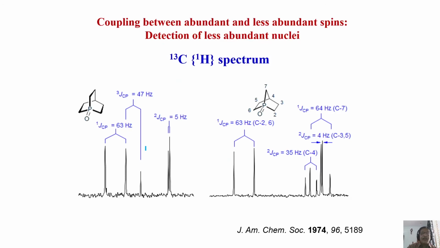Of course, we can see coupling between phosphorus and carbon in this simple molecule. Phosphorus can have 1 bond coupling to this, 2 bond coupling to this, 3 bond coupling to this, all those things we can see very clearly. You can see that 1 bond carbon phosphorus coupling is seen. Of course, protons are decoupled here.